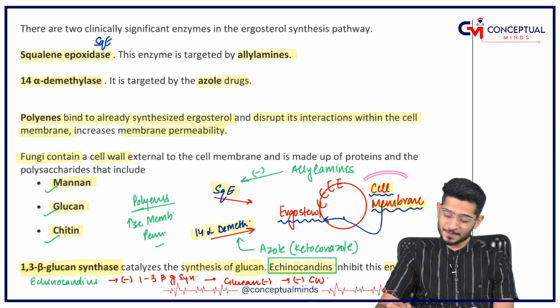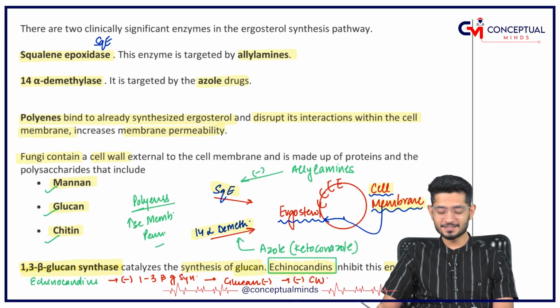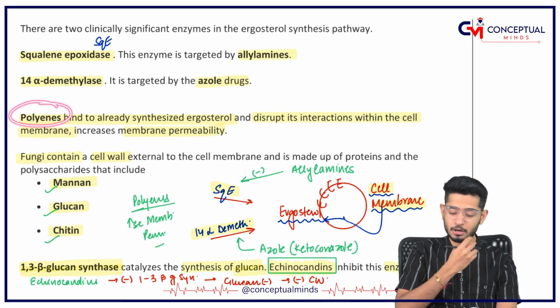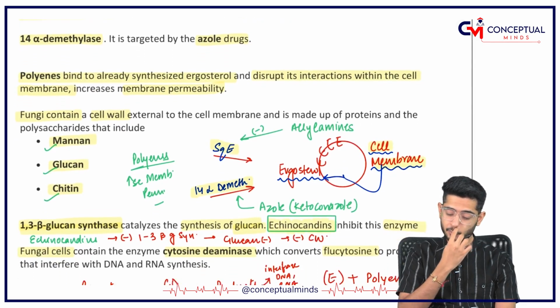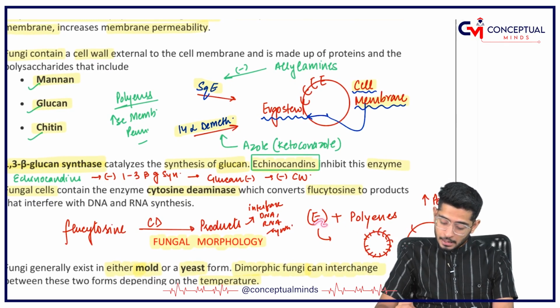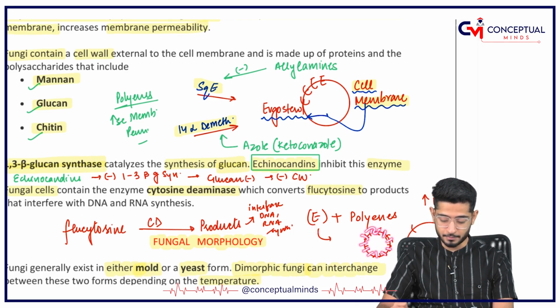So cell membranes are not going to get synthesized. Similarly, there is an antifungal called polyene. What do polyenes do? Please understand that once ergosterol is synthesized, this ergosterol has to bind with the cell membrane.